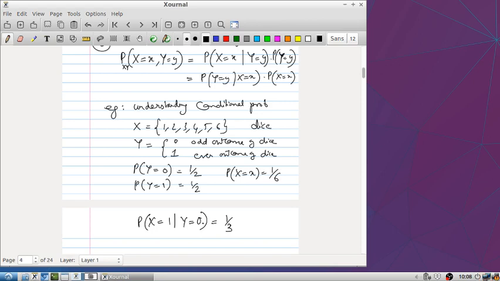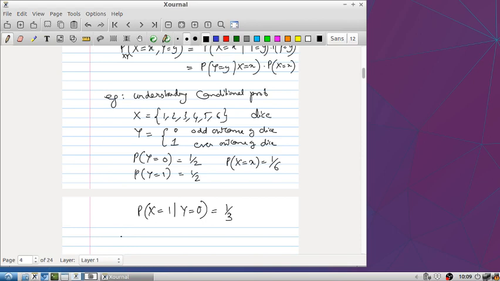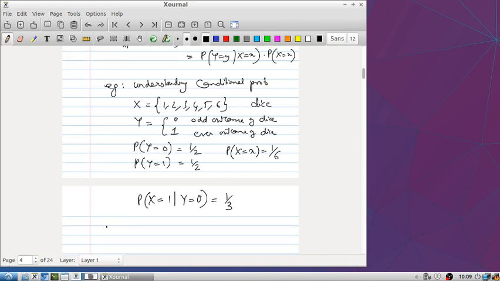Very quickly, just as a bonus, we can also think of Bayes rule. You must have heard the phrase Bayes rule many times. It's basically just combining these two equations. So I'm going to demonstrate Bayes rule in shorthand.